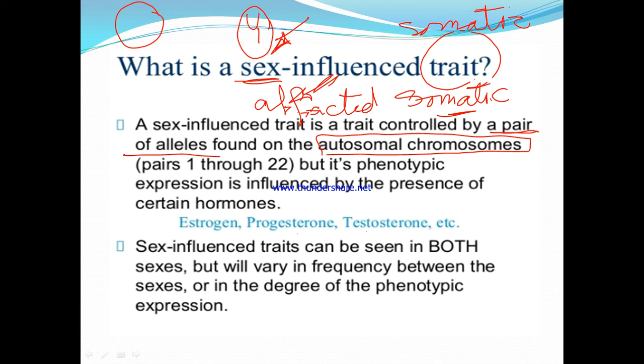Okay? So it may be present in male or female, but in the female case we have X and X. There is no Y.